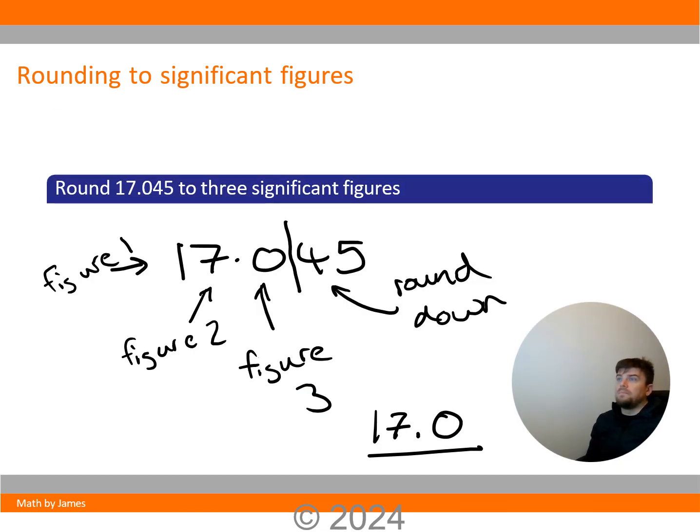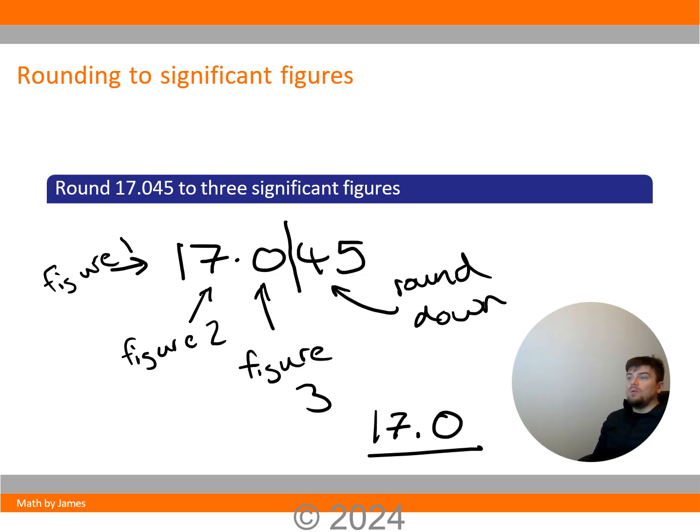So here we've got 17.045. Figure 1 is the 1. Figure 2 is the 7. Figure 3 is the 0, and this does count. When 0 is in between, it counts as a significant figure. Then we have to put a split here because we have 3 significant figures: 1, 2, 3.